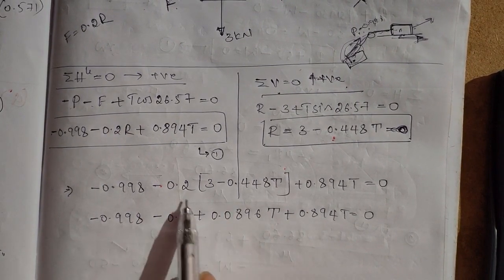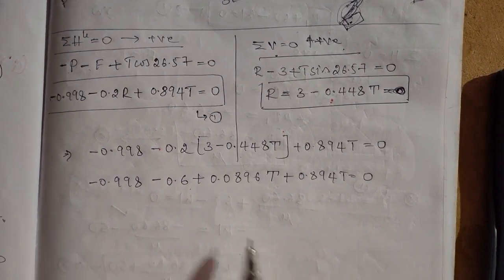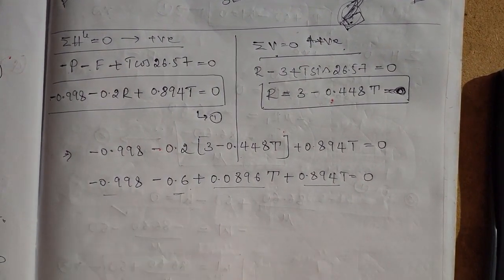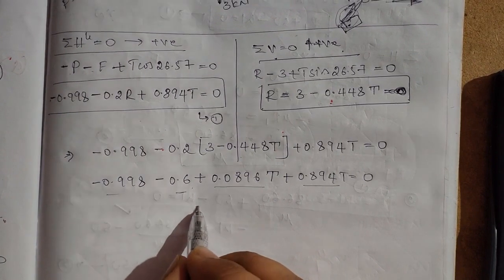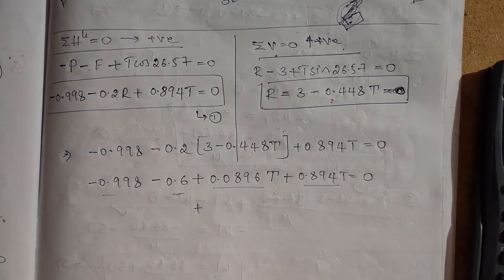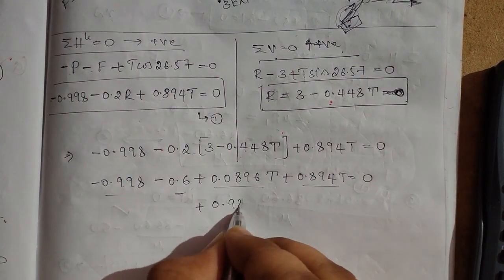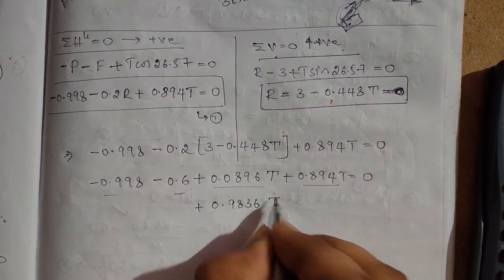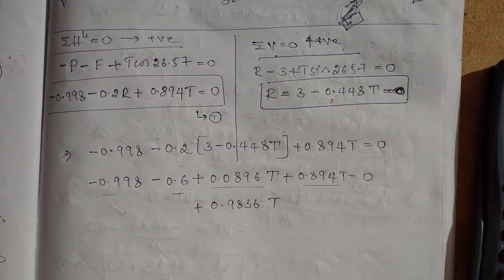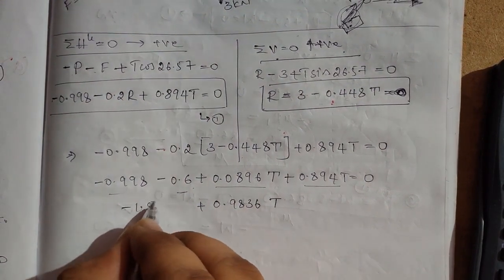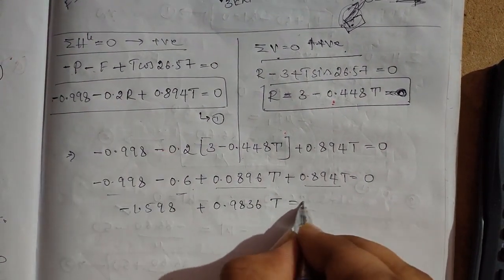Okay, right? So now I'll add these terms. 0.0896 plus 0.894 will be 0.9836 into T. Here 0.998 plus 0.6, so it will be minus 1.598 is equal to 0.